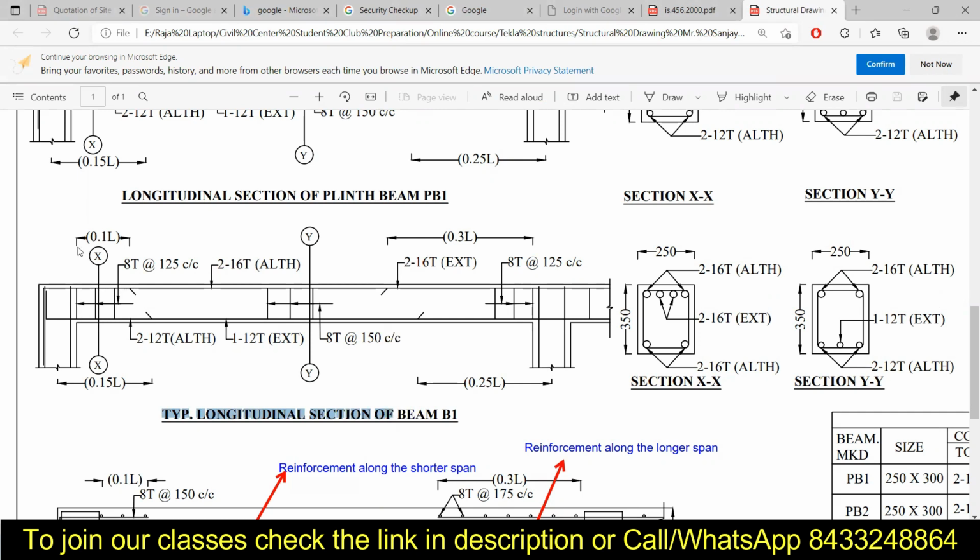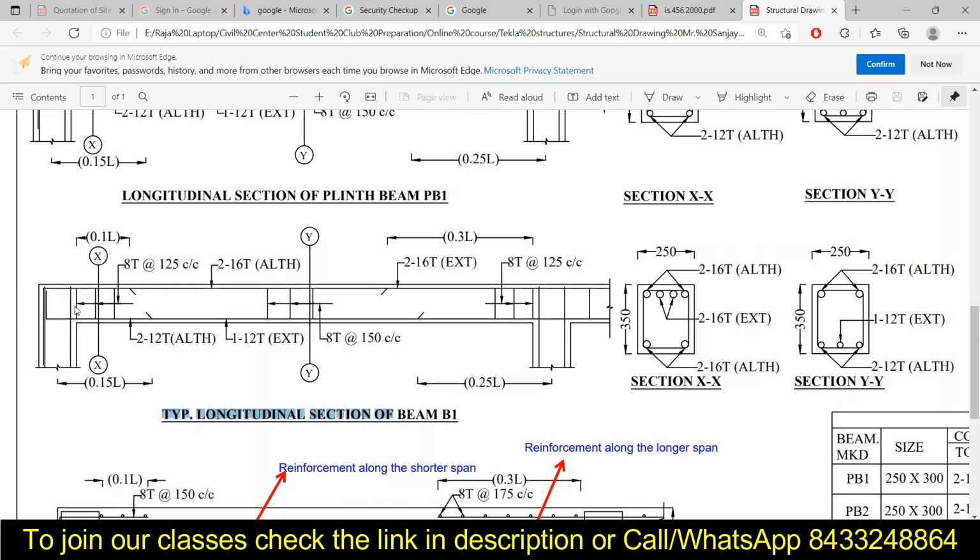You can see if this beam is discontinuous on this end, then we go for 0.1 L, where L is the length of the span. If it is continuous, then we provide the extra reinforcement for 0.3 L. The next important point is that this length should be considered from the end of the column.